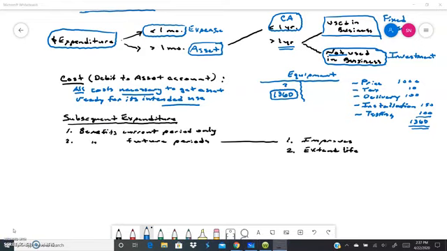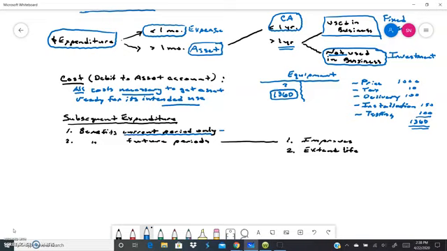So what happens if we have a subsequent expenditure? So we put the asset into place, and at some point down the road we have a subsequent expenditure. Well, first of all, we have to look to see what type of expenditure that is. If it benefits the current period only, let's say it's a truck that we purchase, and we put some gas in the truck, or we do an oil change, or we repair a flat tire.